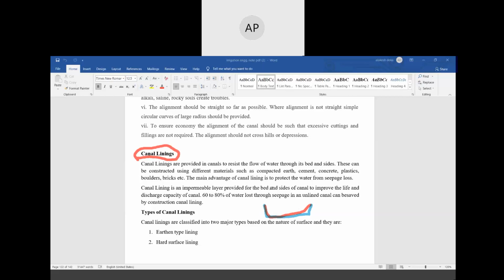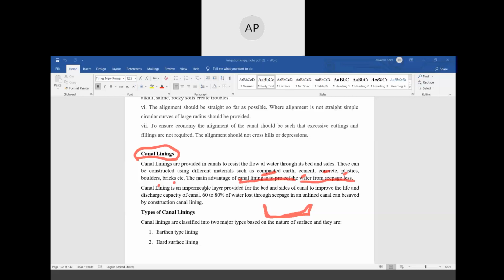Canal linings are provided in canals to resist the flow of water through its bed and sides. This can be constructed using different materials such as compacted earth, cement, concrete, plastics, boulders, bricks, etc. The main advantage of canal lining is to protect the water from seepage loss.